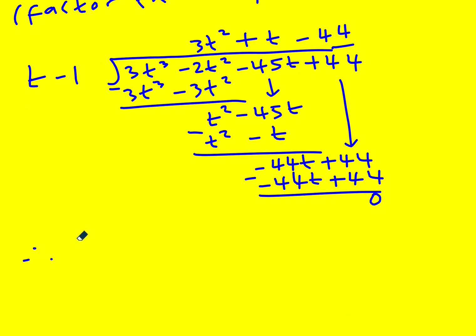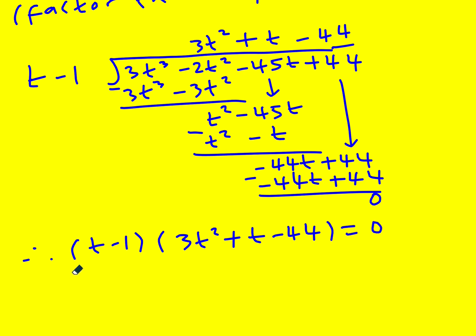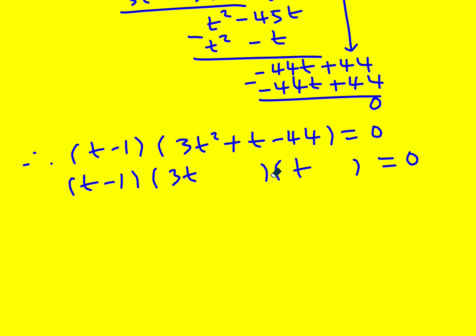So therefore, t minus 1, times this thing, equals 0. I would expect this to factorize. If it does, it's got to be 3t and t. Now we need it such that when we put the numbers in, they're going to be quite close. So maybe 11 and 4, yep, that's going to work.